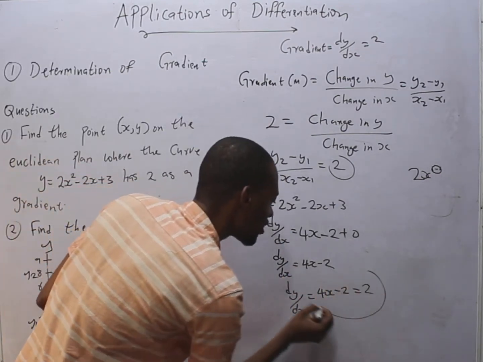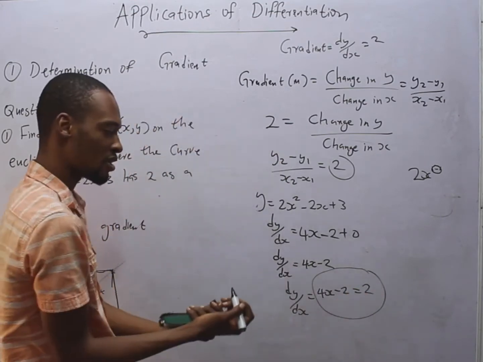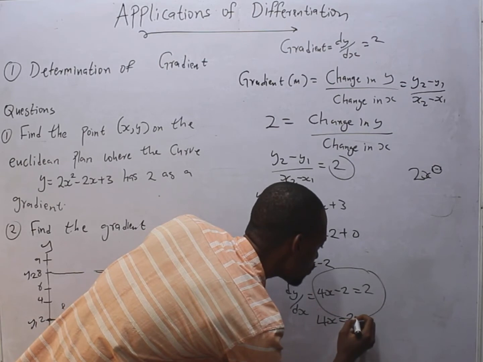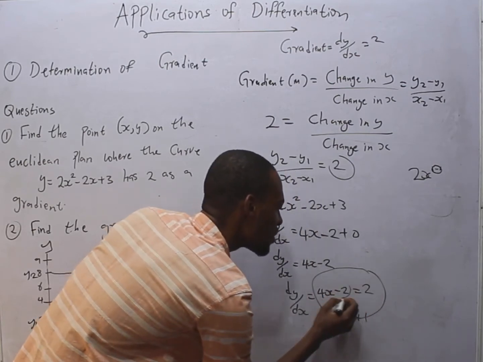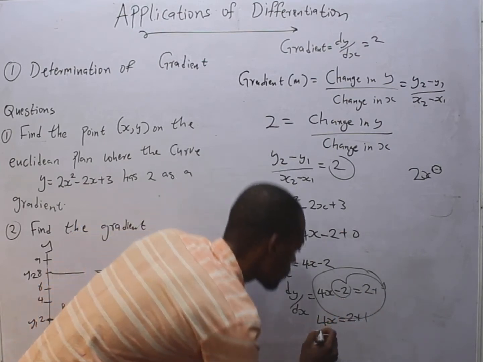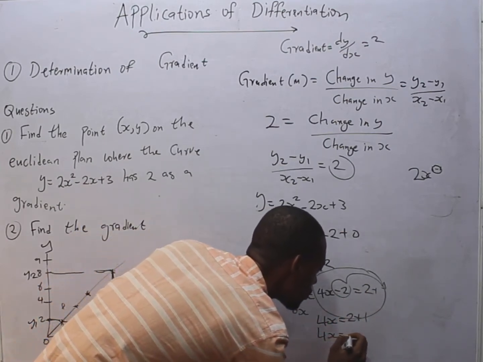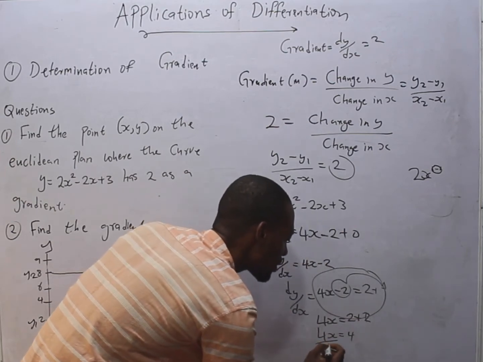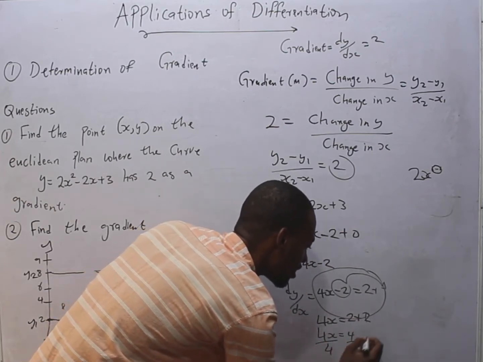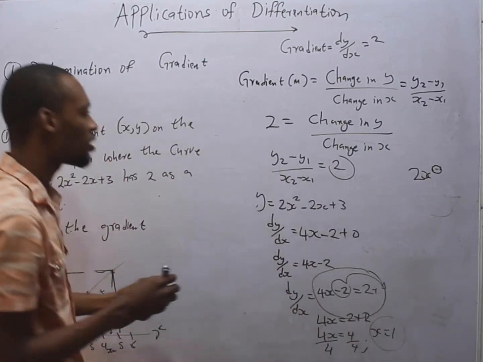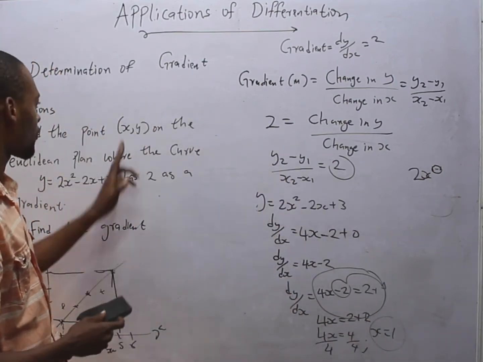From here, collecting like terms, we have 4s is equal to 2 plus 2. As minus 2 crosses, it becomes plus 2. So 4s is equal to 4. Dividing both sides by 4, s is equal to 1. We found the value of s.